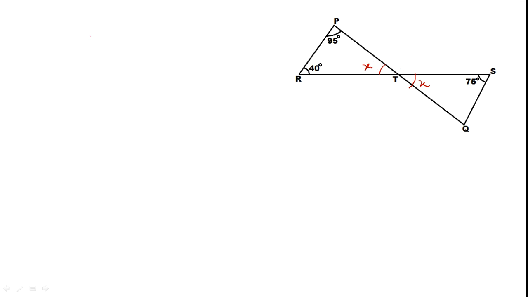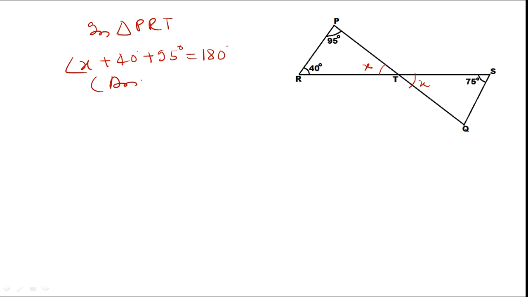Now in triangle PRT, X plus 40 degrees plus 95 degrees is 180 degrees. Angle sum property of a triangle: in a triangle, the sum of all the angles is 180 degrees.